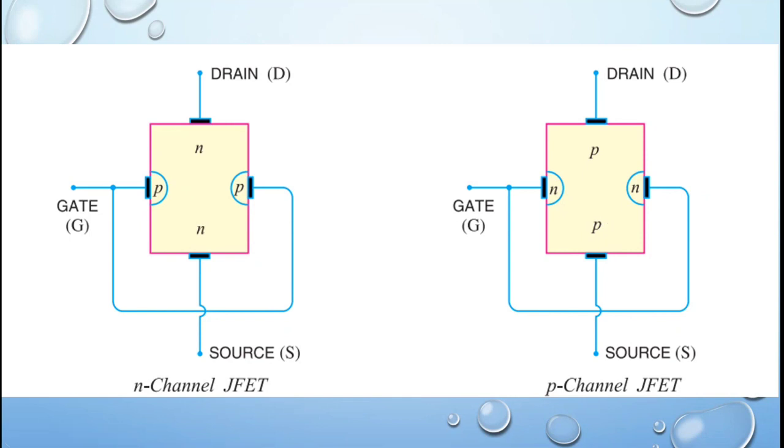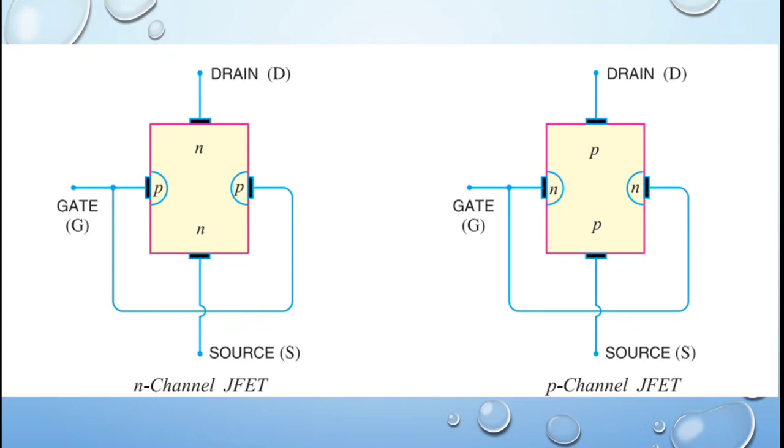These two N type semiconducting materials are connected internally, at the back side, and this line represents that connection. So this is the source. Current will go through this source and reach the drain, as in a water tap.